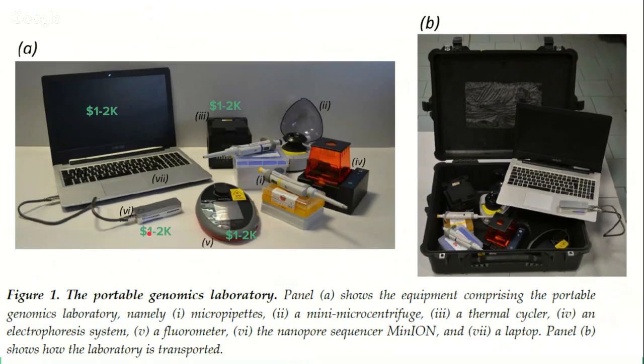Crucially, the sequencer, the MinION, $1,000 to $2,000, depending on how many devices and flow cells you want. And then the rest you can probably get quite cheap, either from directly buying them new or via eBay if you're not afraid of having to calibrate your own pipettes, etc. So quite a clever setup and quite a minimal system if you want to be able to go end to end.